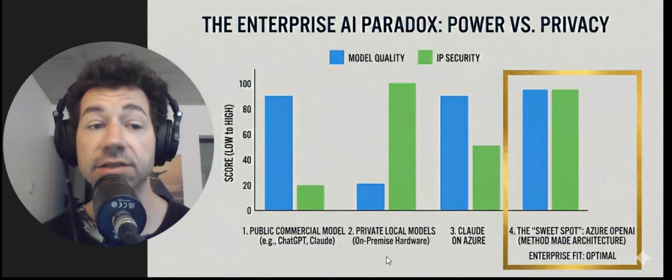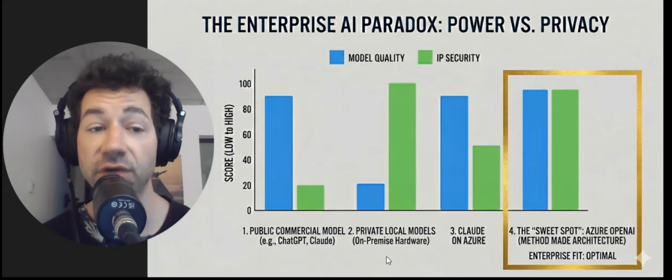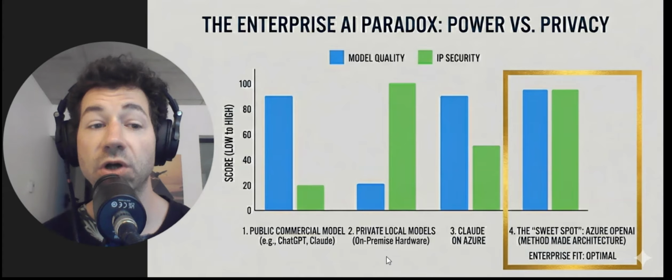The Goldilocks sweet spot is a specific agreement between Microsoft Azure and OpenAI called Azure OpenAI. What is unique and different about this specific agreement is that the GPT series models are hosted on site on Microsoft's own servers.